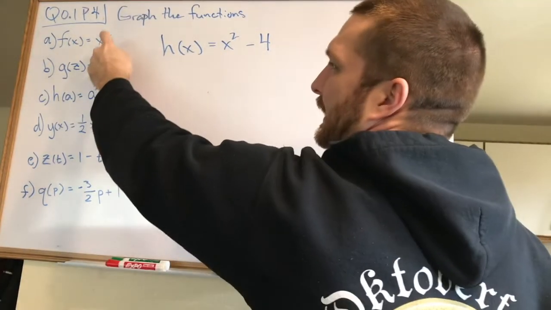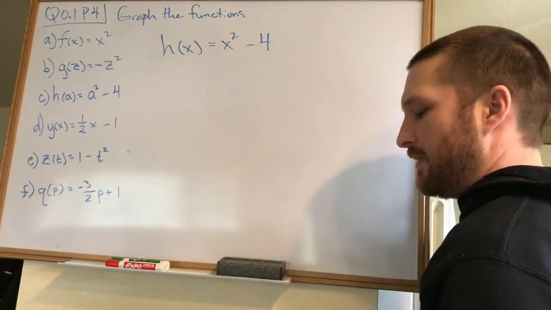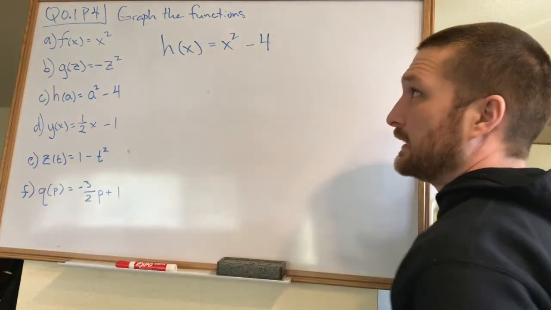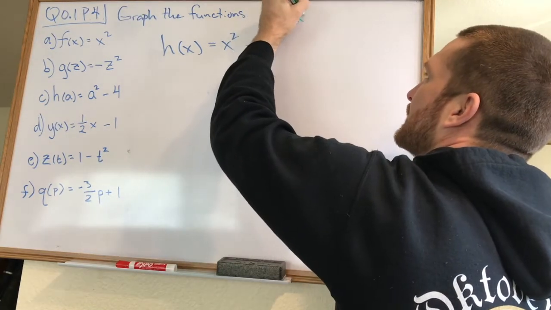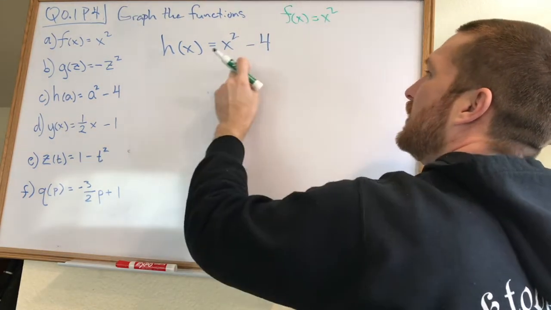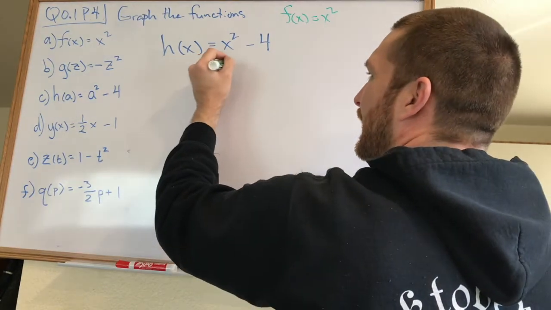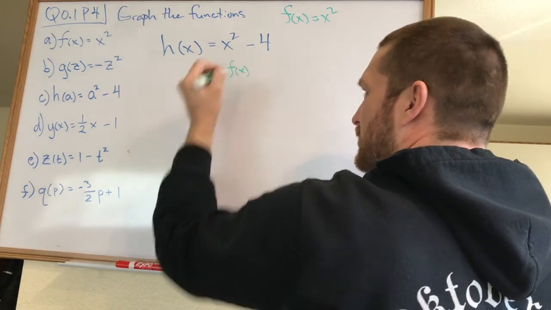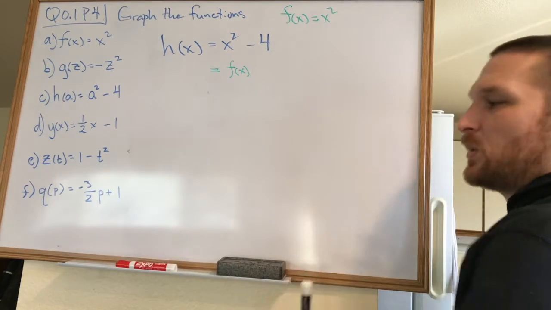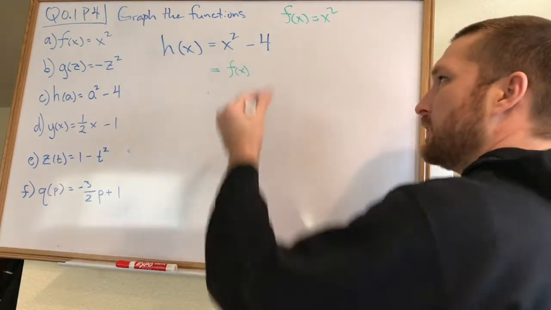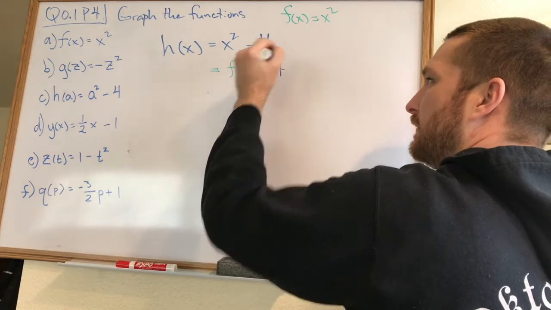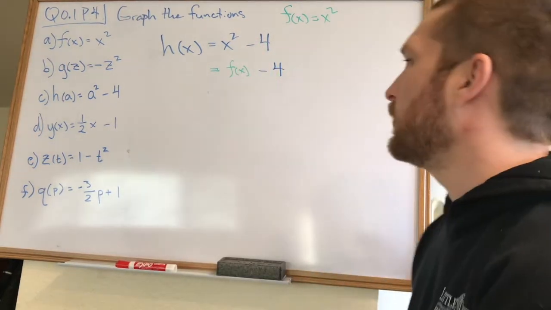Then I think, well, hold up, this is just like that original function we had, which I guess last time we did in green, so let's go ahead and do it again. We could say f of x is x squared. So I'm taking f of x, that original function that we graphed, the regular parabola, and then after drawing that, we're going to take all the output values and subtract off 4.